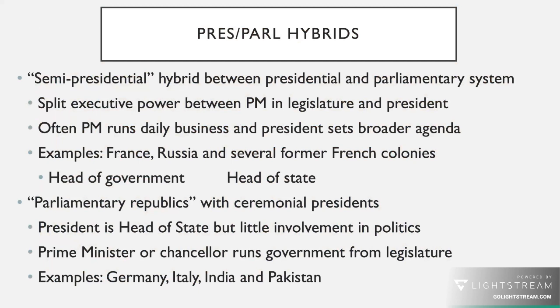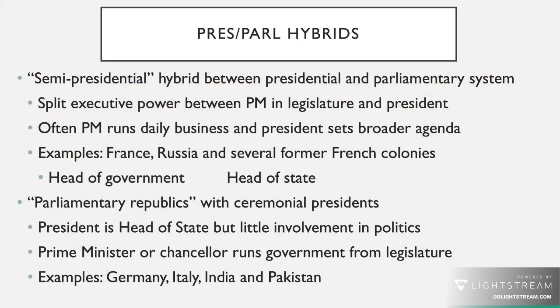Parliamentary republics are interesting in part because they're in some important countries: Germany, Italy, India, and Pakistan. And in a parliamentary republic, the president has a largely ceremonial role. So the president is the head of state, but little involvement in government. So a bit like in some constitutional monarchies, where, for instance, in the United Kingdom or in Scandinavia, a monarch is the head of state, but with little to no direct constitutional authority.